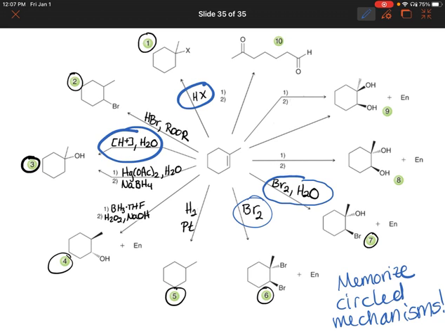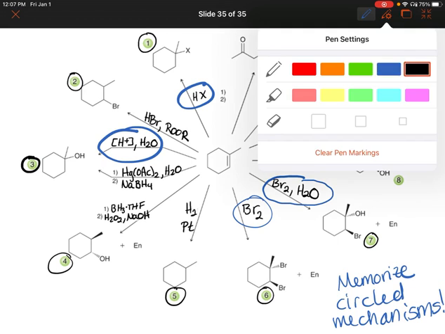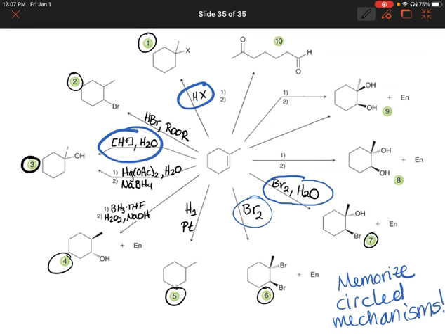And I do have a blank version of this reaction map under modules study guides. So you can print this out as many times as you want, and you can just test your memory on each of these reactions and see if you can remember how to get from the starting material to the different products.